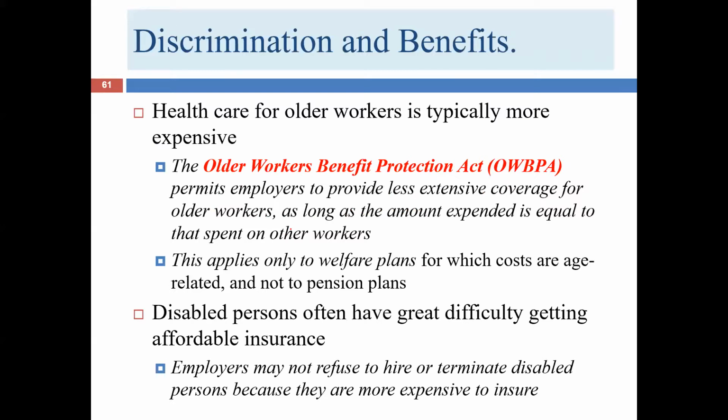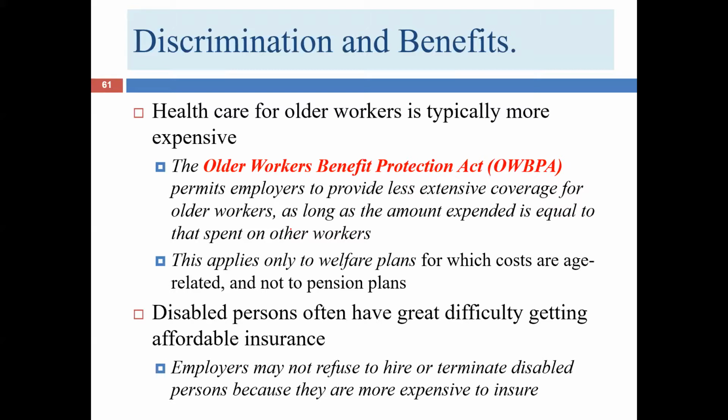They experience more health problems. And so the premiums related to a worker, say, who is 50 years old would be greater than those for a 30-year-old on a statistical basis. Obviously, an individual 50-year-old may not use health insurance any more, may even use less than a 30-year-old. But from a generalized perspective, it's going to be higher.